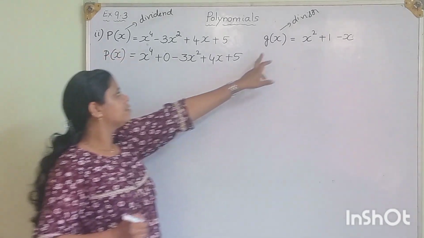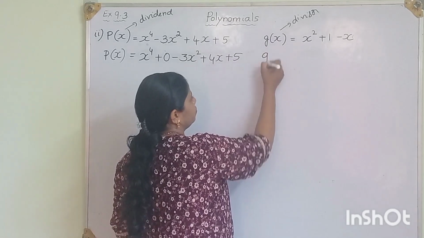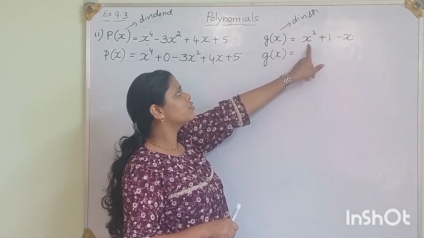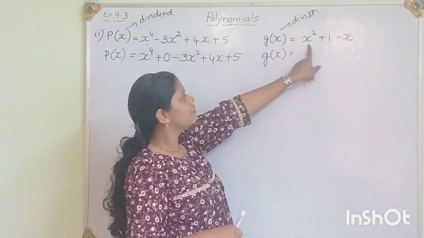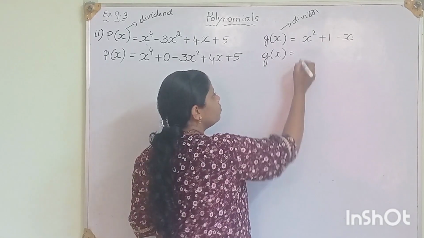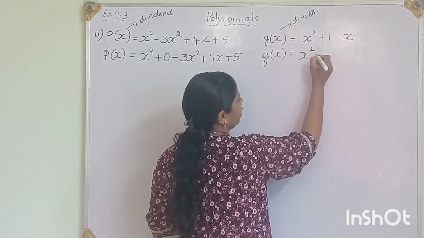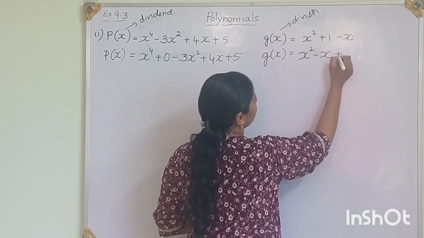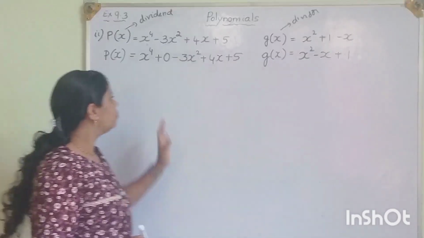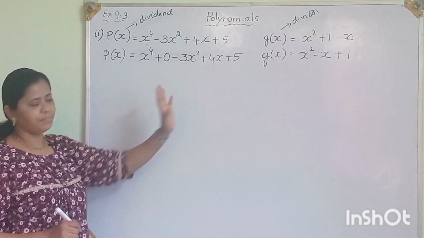Now let us check G of x. Look at this, x square. Next, this term must come, isn't it? Minus x. So let us write this in order: x square minus x plus 1. Now it is in order and ready to divide.